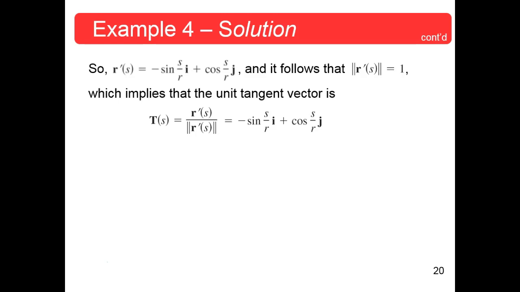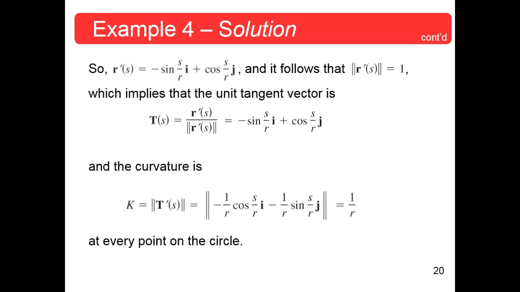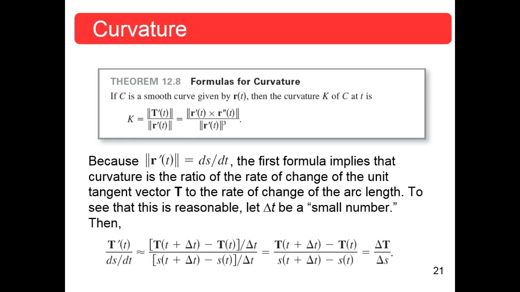So take that divided by its magnitude, and you just get the very same thing because it's a unit vector. The curvature is then the magnitude of the derivative. You take the derivative of that, which they didn't show you how they did it, but you know how they did it, and that gives you that for every point on the circle.